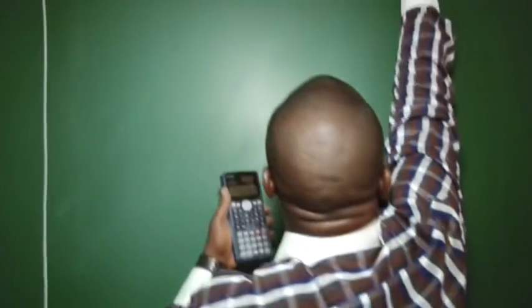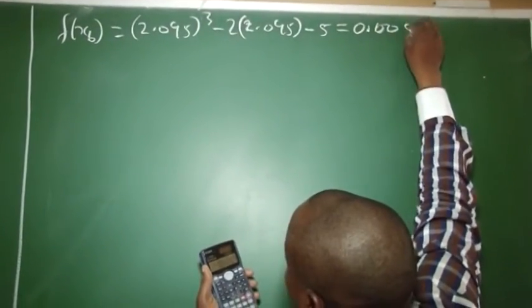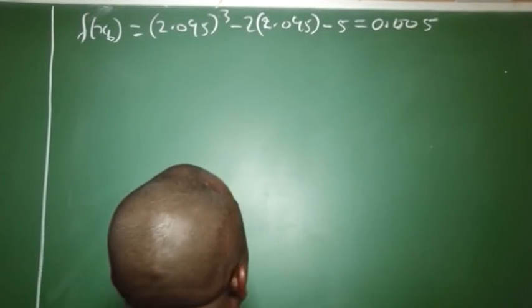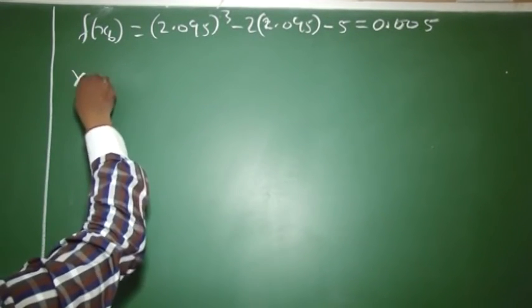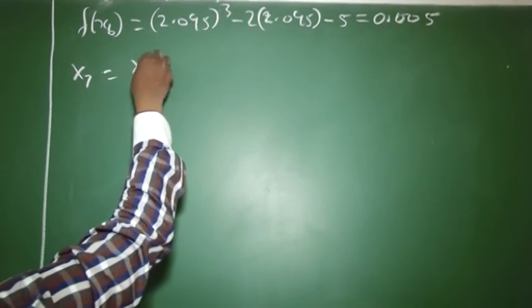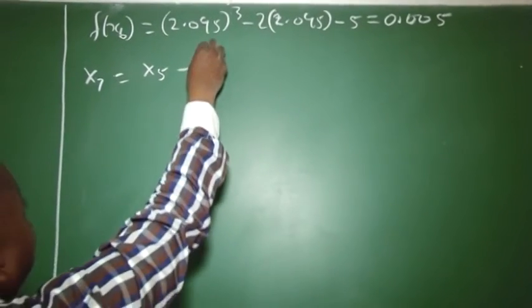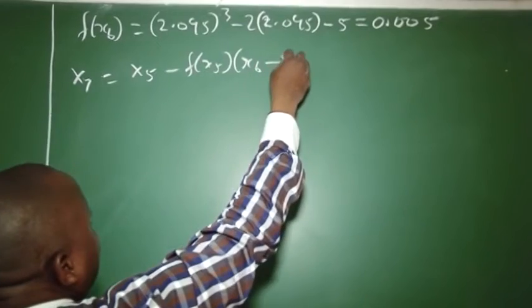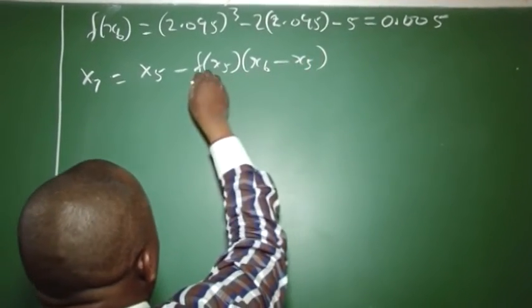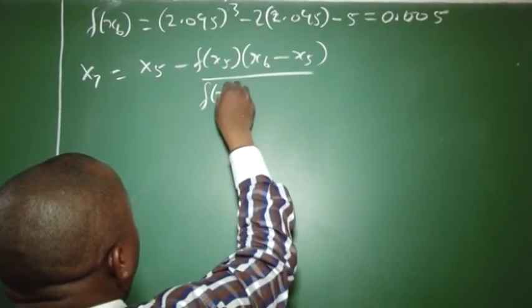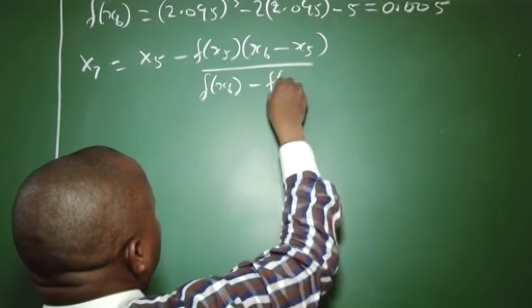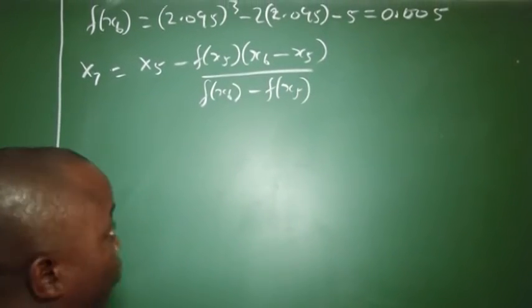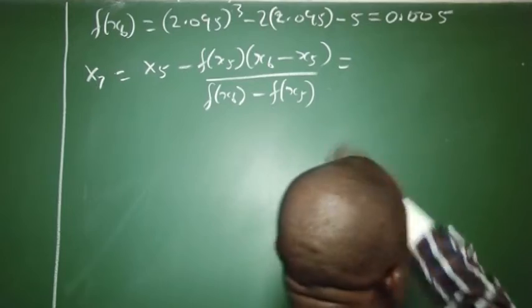That will give us 0.005. Right. Now x7 equals x5 minus f of x5 times (x6 minus x5) over (f of x6 minus f of x5). We do that, it will be equal to x5.